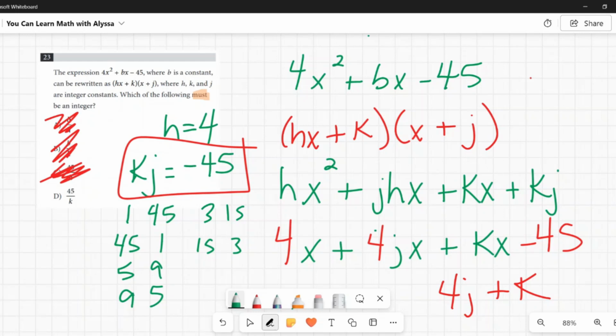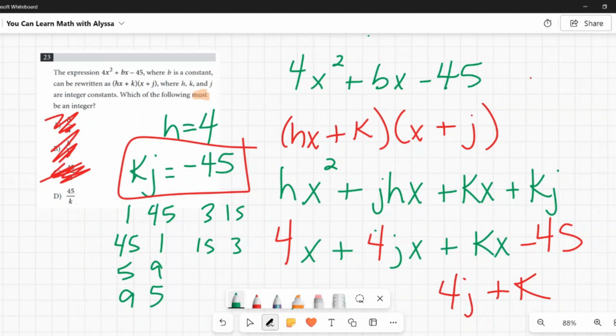Yes, absolutely. Because k times j, and k and j are both integers, we're told that up here, equals negative 45. Negative 45 and positive 45, we're just putting a negative somewhere, but those same core numbers are going to be involved. So if I divide 45 by k, j is going to be one of these numbers, depending on which of those numbers k is. So it's going to be an integer.